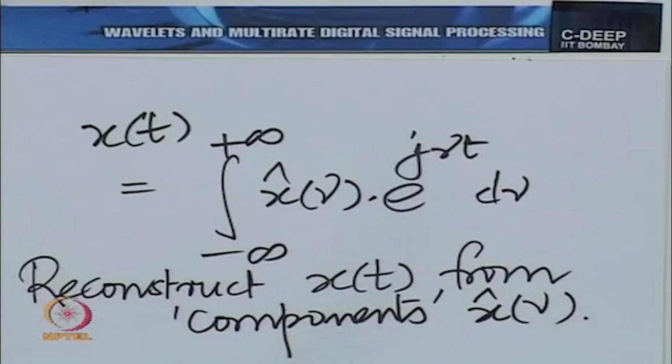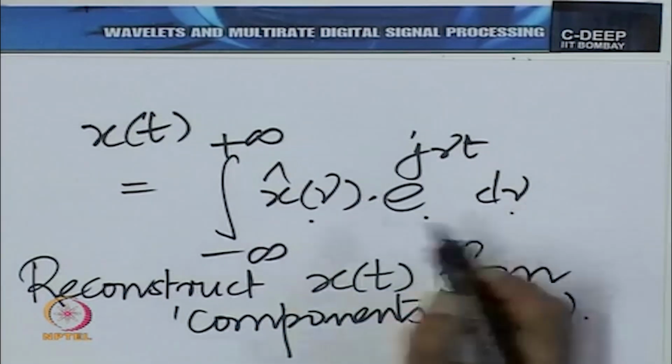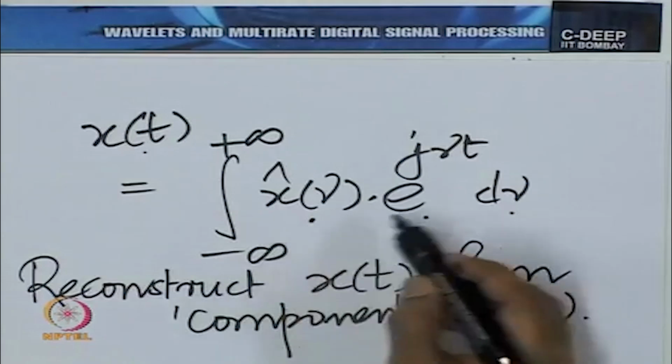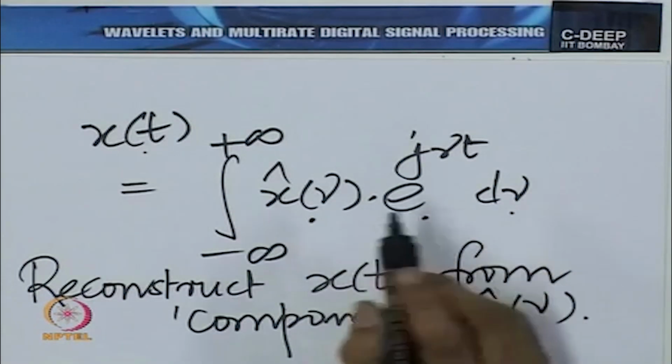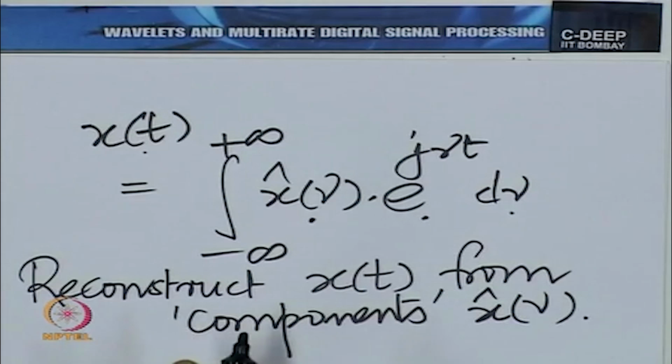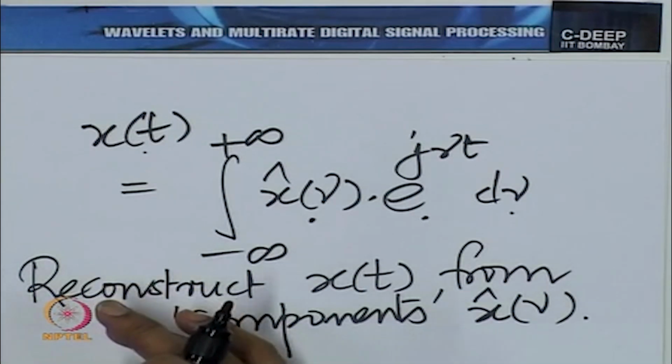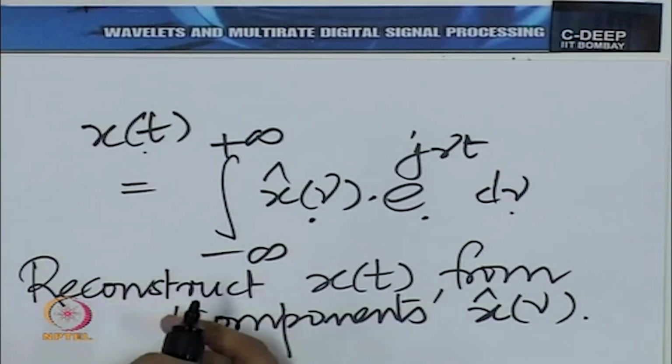Each of the x cap nu for different values of nu is a component here, and this is the way we have reconstructed x t from its components. And in reconstruction, we have used these vectors. Each of the e raised to the power j nu t is like a vector, a function of the real axis.